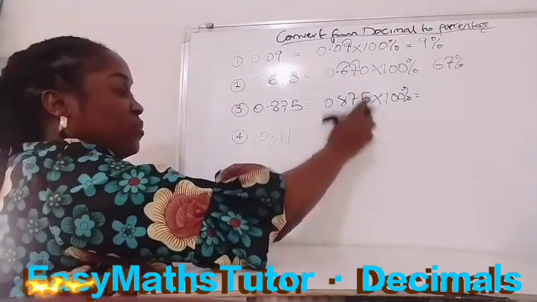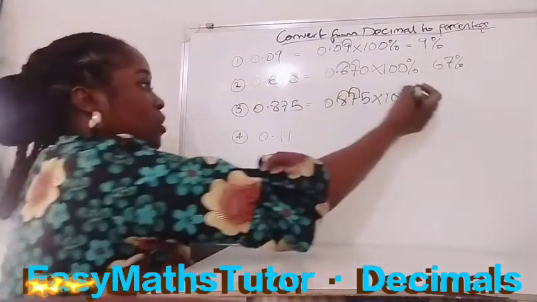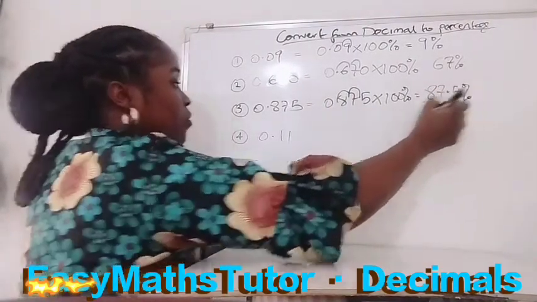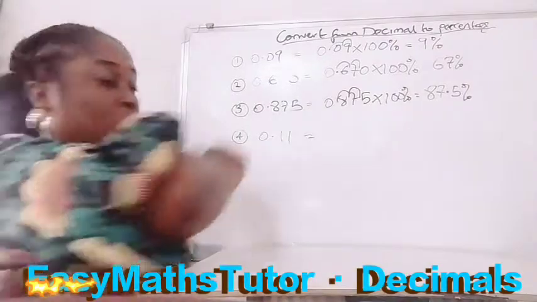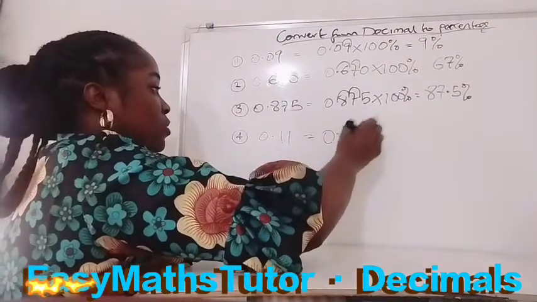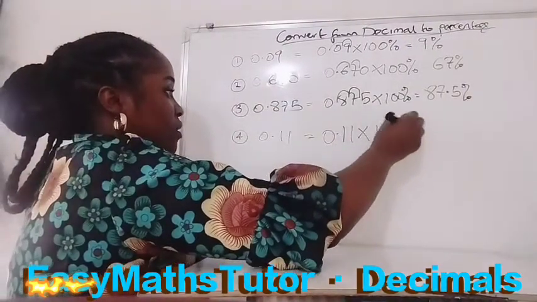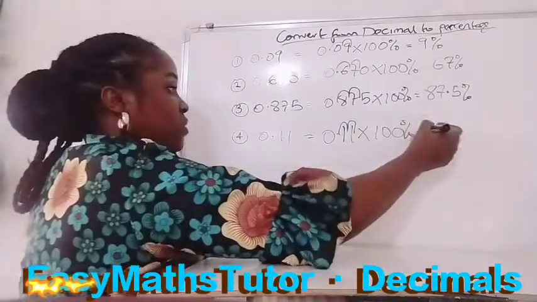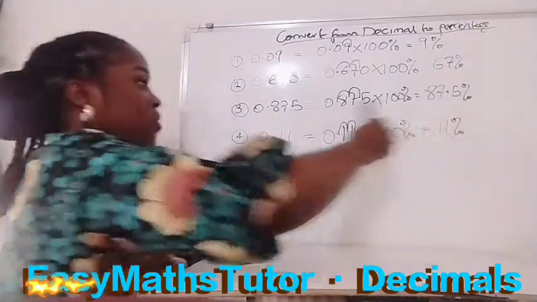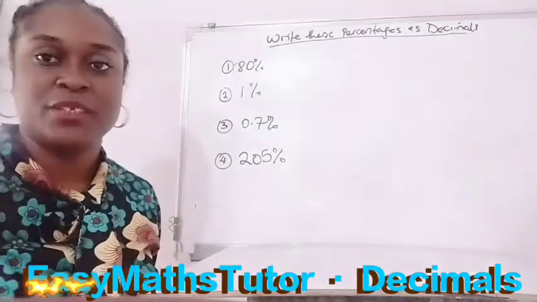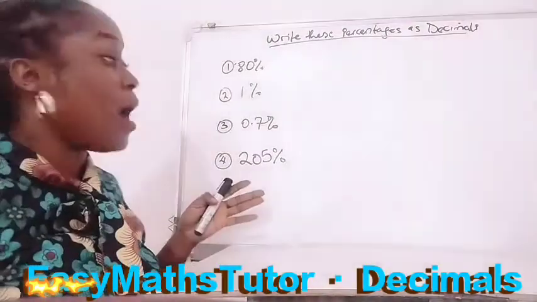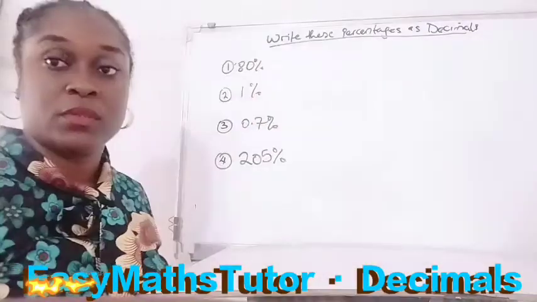Count 2 decimal places to your right, 1, 2, giving us 87.5%. For the fourth one, 0.11 times 100%. Count 2 decimal places to your right, giving us 11%.